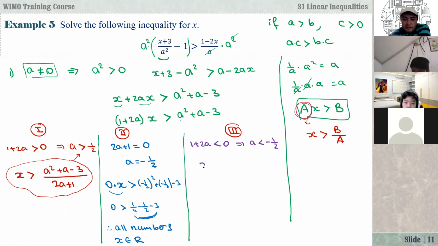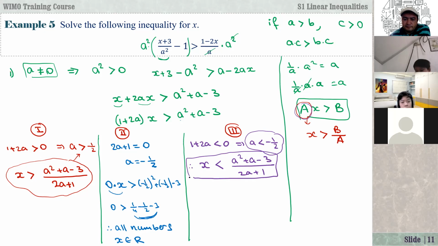So from here, x will be, I have to change this, less than a squared plus a minus 3 over 2a plus 1, where a is less than minus 1 over 2. This will be the solution of this inequality. Okay?